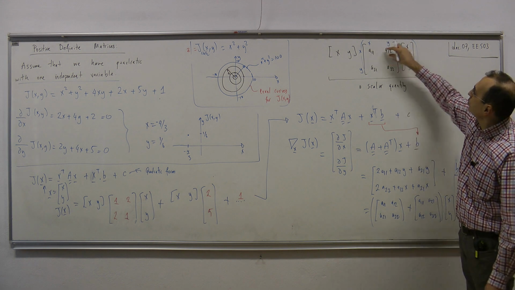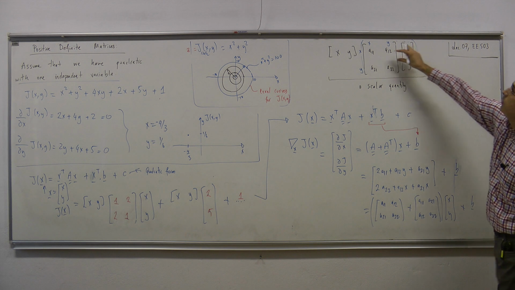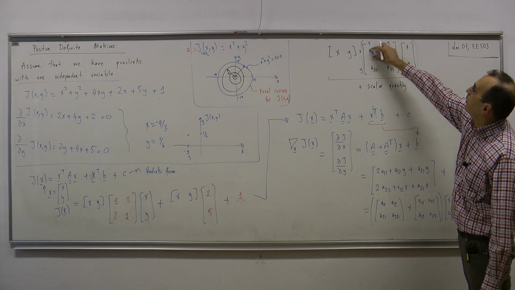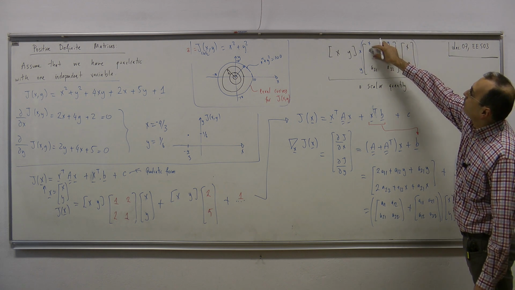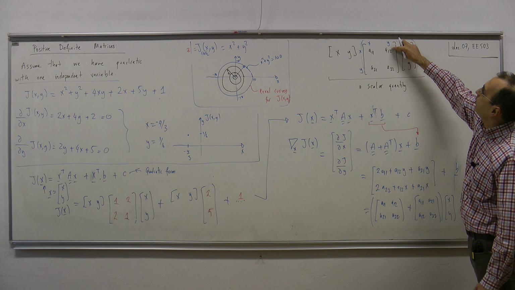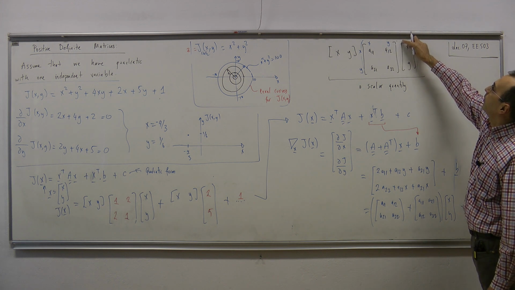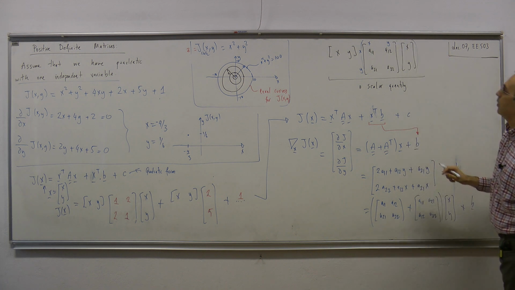But the other terms, this one and this one, all of the other terms, if this is not a 2 by 2 matrix, but let's assume that this first row is very long. Except for this one entry, all of these other entries will be multiplied by this y. The third entry will be multiplied by z, the fifth entry will be multiplied by something else, and it will be copied down.